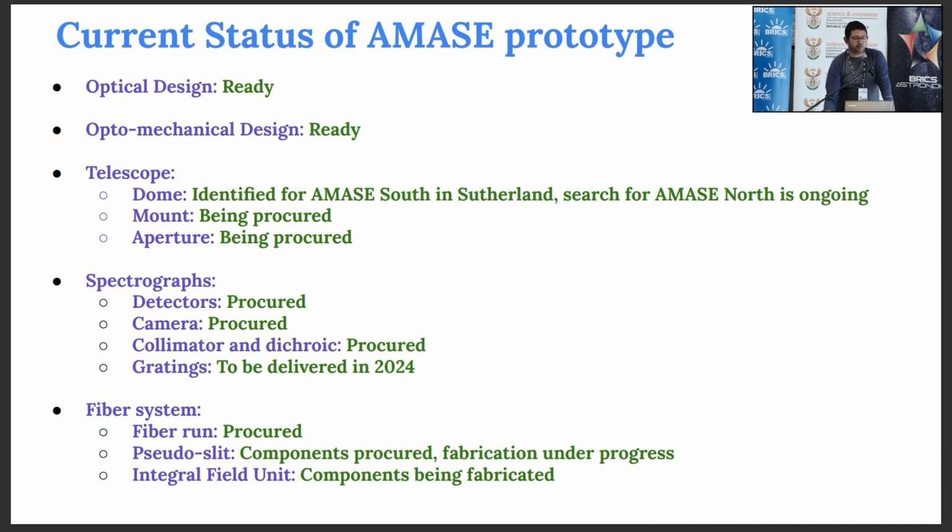The only critical thing for spectrograph development is the grating, which is being delivered at the end of 2024, and that's what's setting us back from getting on sky; otherwise, we would be much earlier. And then there's a fiber system that provides the 2D area on sky, which is currently being developed meanwhile. So we are almost ready to start assembly.